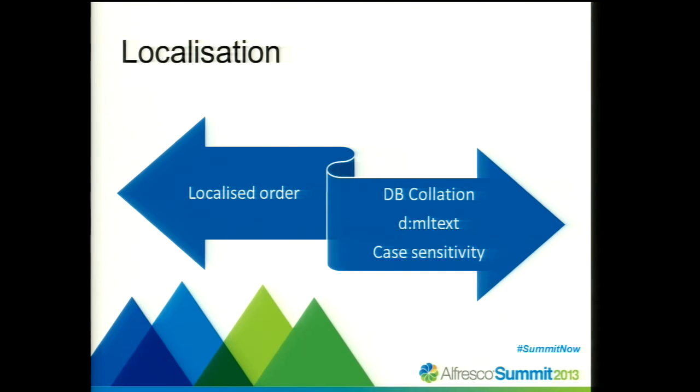And ML text is one of those slightly odd things in that behind the scenes, it's a multi-valued property. So if you happen to have lots of titles that contain the same word but in different languages, that gives us a slight blowout in the result sets potentially that we consider when we're executing the query against the database.